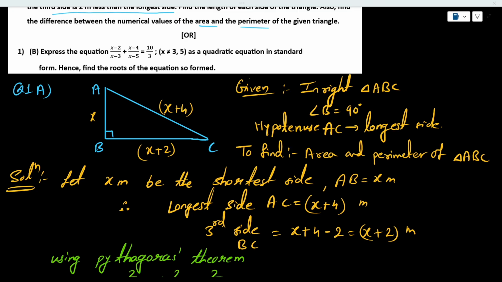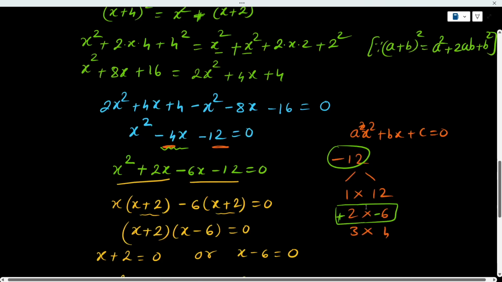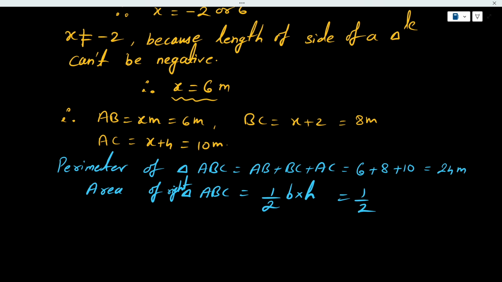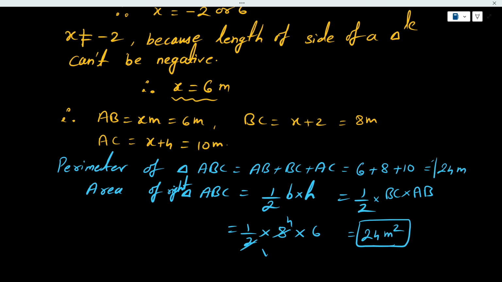So we can take base as BC and height as AB, right? Half base is BC, which is 8, into 6, and if I simplify, I am getting 24 square meters. So your area is 24 square meters, your perimeter is also 24 meters.